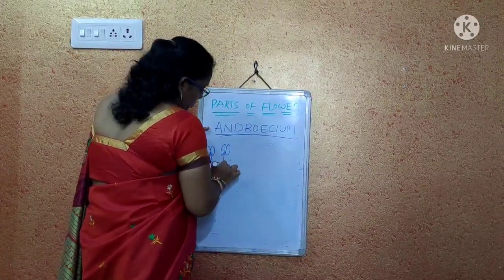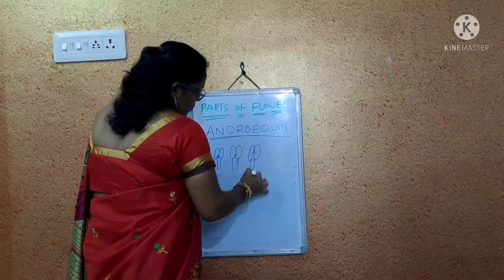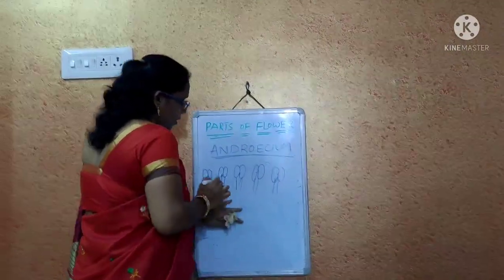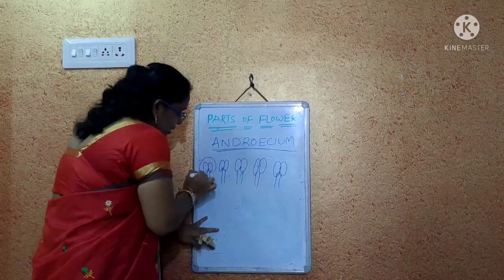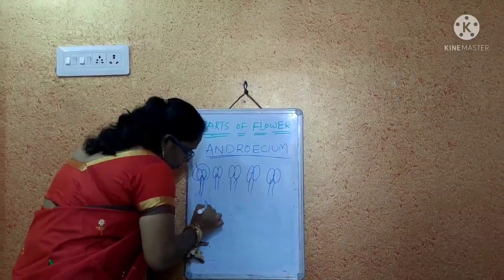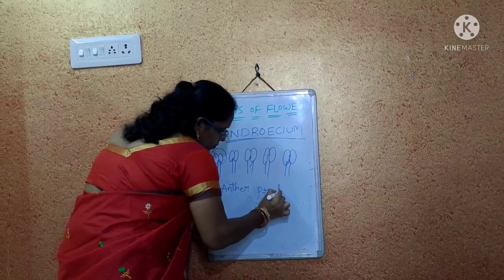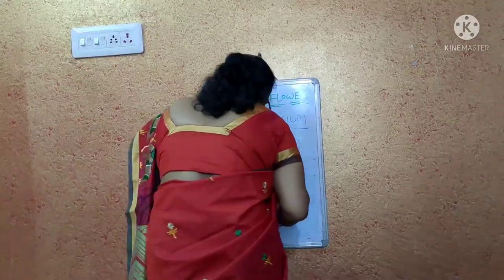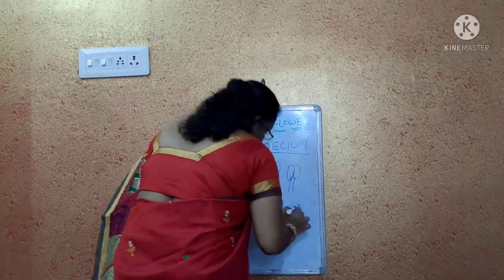Five stamens. It has a long filament and a sac-like structure called anther. Anther produces pollen grains.